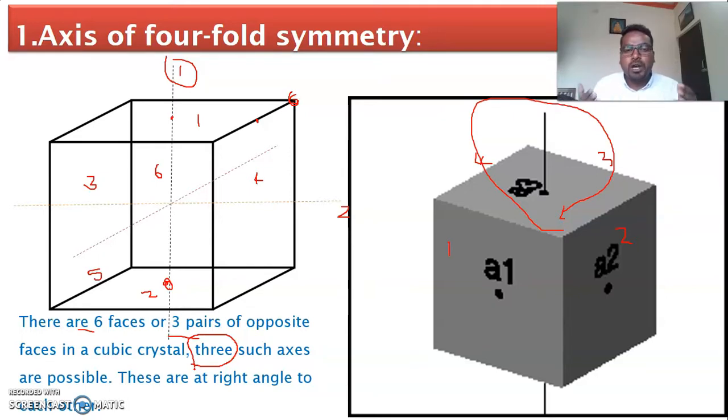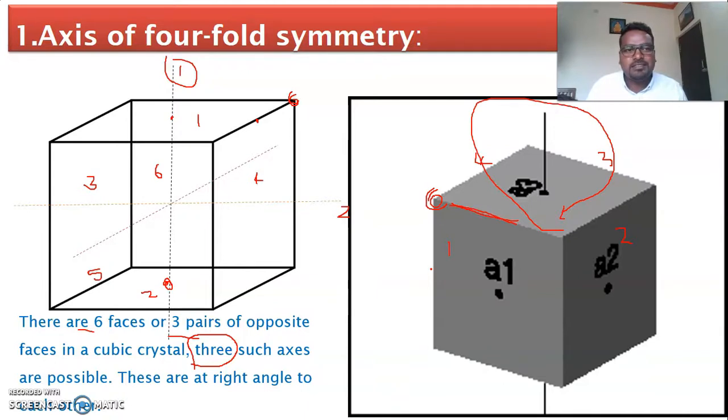Either it is through corners, or it is through the corner and the edge or face. So based on the position from where the line is passing, we classify the axis of symmetry into three types: twofold, threefold, and fourfold axis of symmetry.